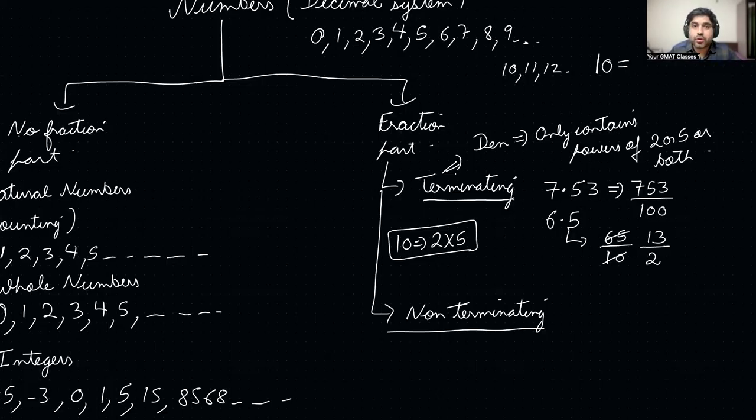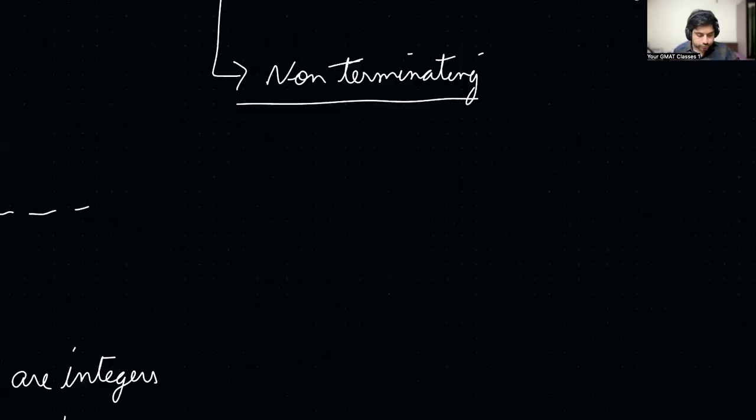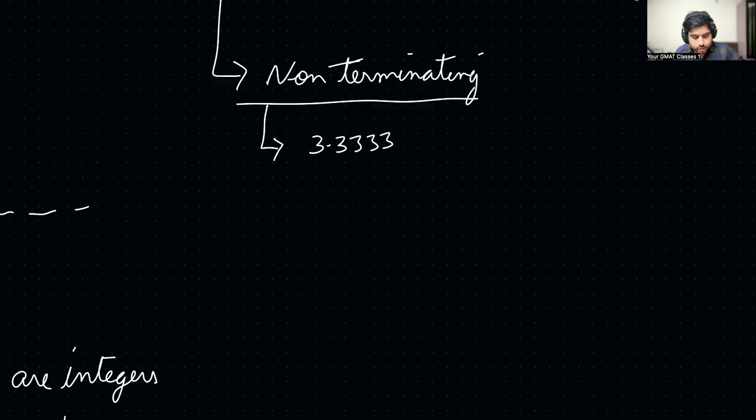Now, if I come to the non-terminating category, it is something that keeps on going, like the decimal part, the fraction part, just keeps on going and going and going. So a number like 3.33333333, or let's say 6.151515151515, and so on.